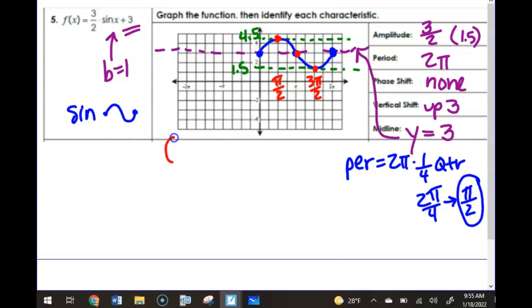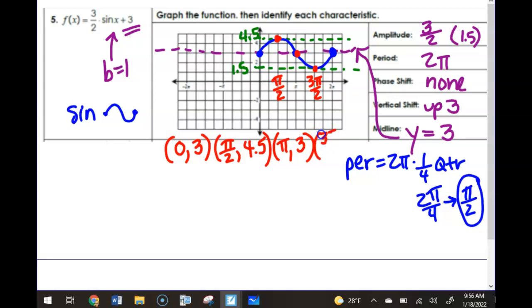So help me with the ordered pairs. What was the first one? Across 0, but up to 3. The next one is over pi over 2, but we went up an additional 1.5, so we're at 4.5. The next was at the midline. We were over to pi and at the midline of 3.